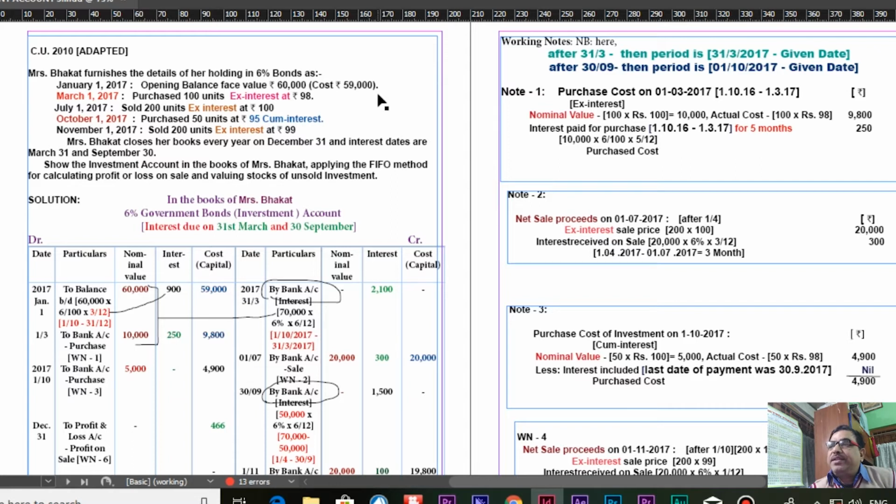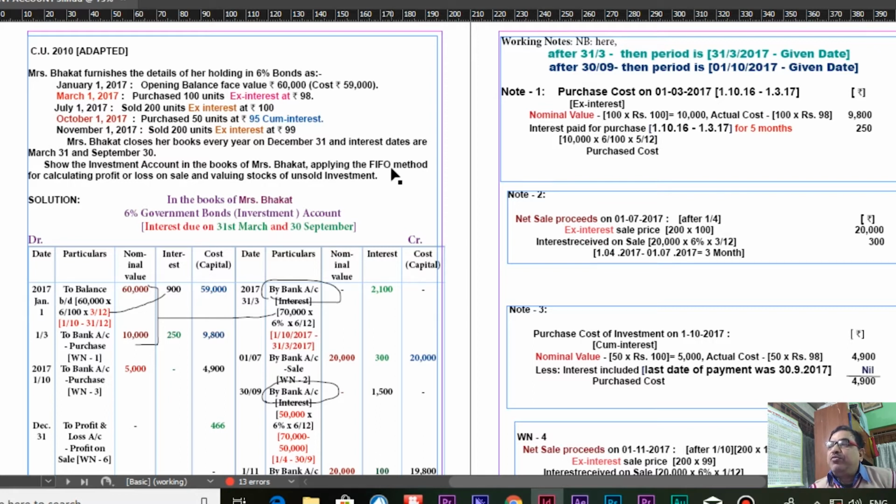And the other is the process of calculating closing stock. It is under FIFO method, that means first in first out method. Sometimes it may be termed as LIFO method or weighted average method.